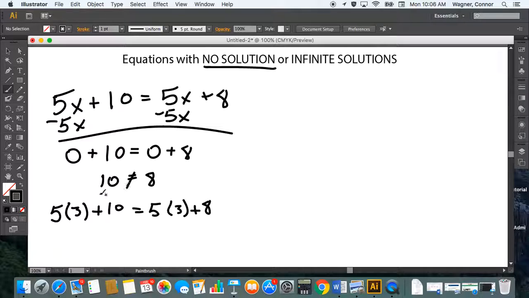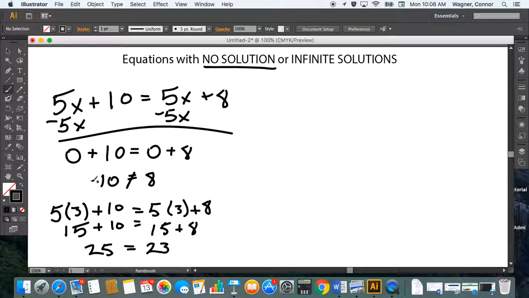Right now we're just checking to see if I can put anything in here and it won't work. So 5 times 3 is 15 plus 10 equals 15 plus 8. And 15 plus 10 is 25, equals 15 plus 8 is 23. Does 25 equal 23?